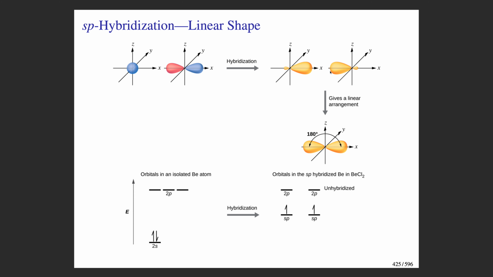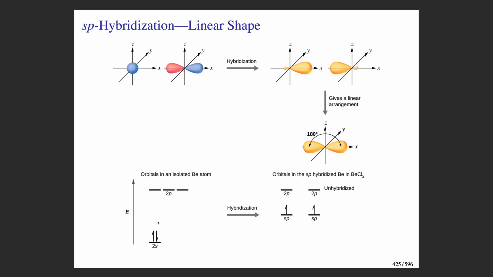And so we're going to be looking at a beryllium atom. Okay, so this is the atomic energy level diagram for beryllium. Beryllium has two valence electrons, and so they'll make their way into the 2s atomic orbital, and these are the unoccupied 2p orbitals. Now what we're going to do is to hybridize the atomic orbitals.